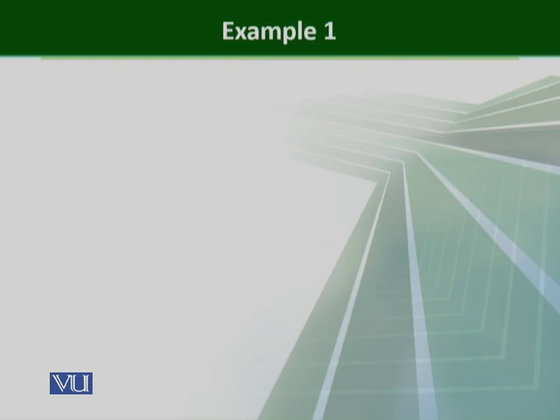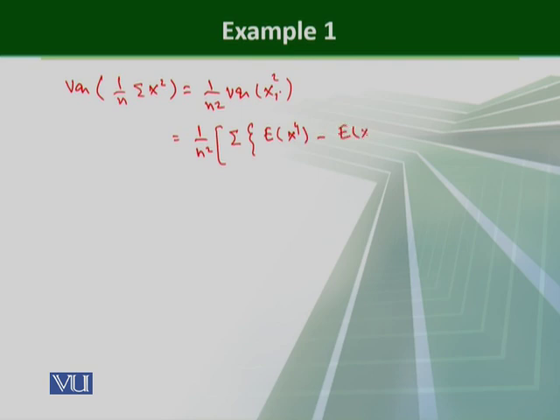So variance of 1 over n sum x square, that is basically 1 over n square variance of xi square, and this can be written as 1 over n square into sum expected value of x raised to power 4 minus expected value of x square whole square, and we know that this is equal to, the sum and one n will cancel, so we get 1 over n into mu 4 minus mu 2 square.